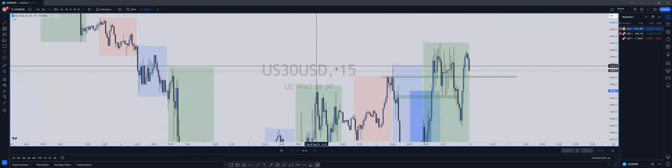So for me, I can't really see much over there right now. The top of this imbalance would be TP3 for me. And if I look at it, the top of the closed candle lines up perfectly with an order block and the Asia high.